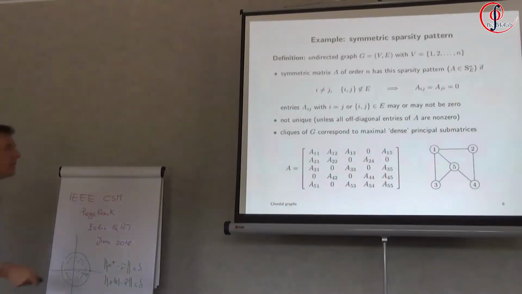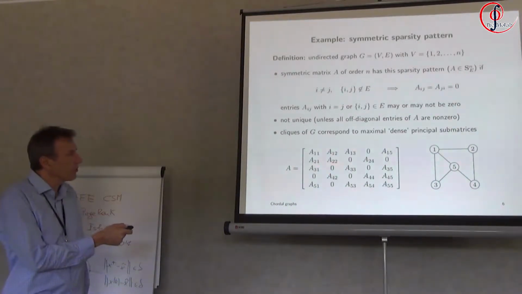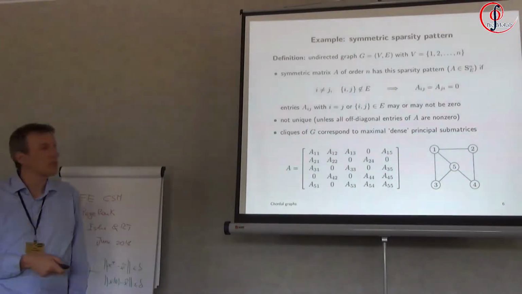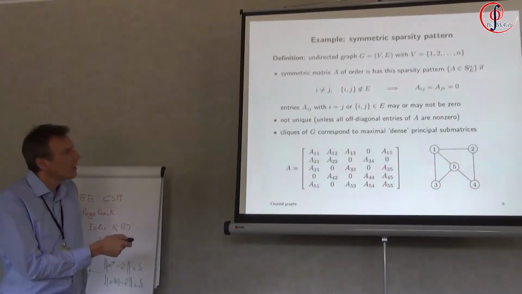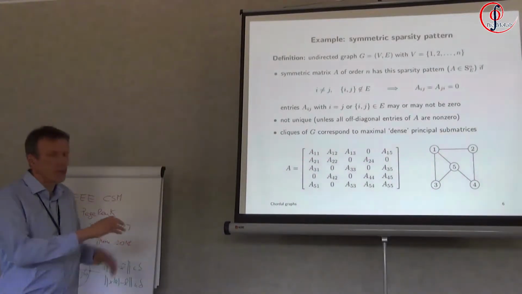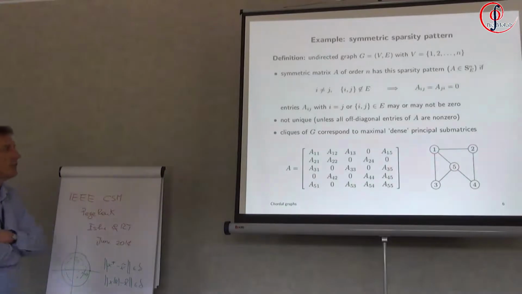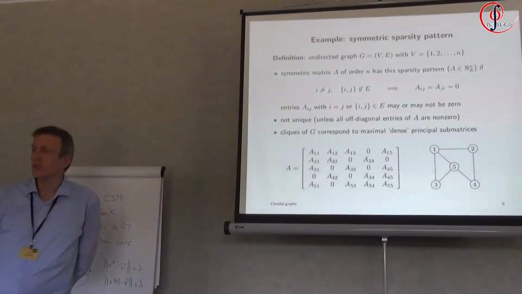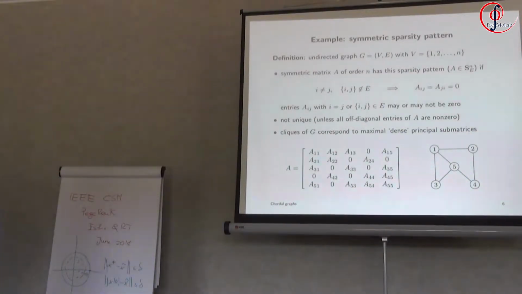The cliques in the graph correspond to dense principal submatrices in the matrix. For example, {1,2} is a clique, so that's this dense principal submatrix. Again, dense with the same comment: it doesn't necessarily mean that all these entries have to be non-zero; they're possibly non-zero.